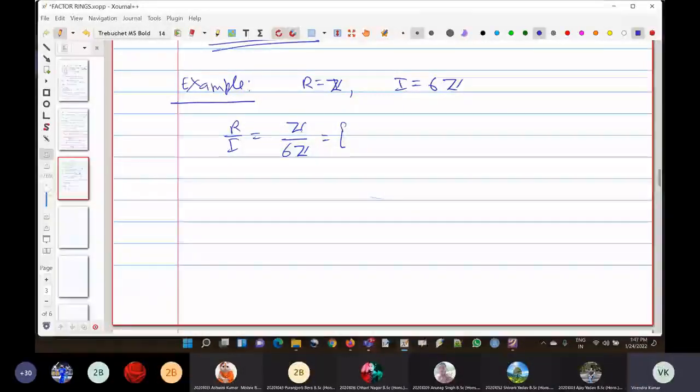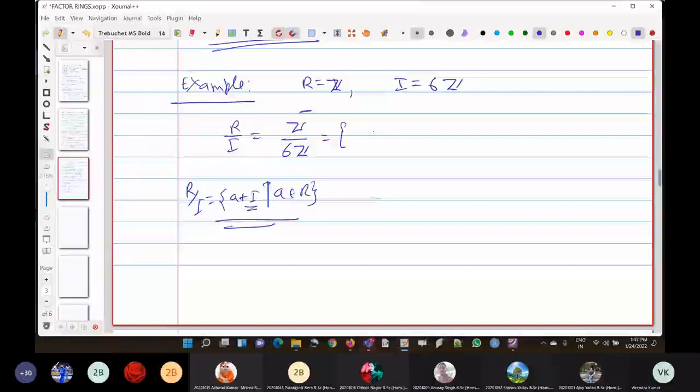You take elements from this Z. The elements in R by I are of the form A plus I, and A belongs to R. So we need to fix I here. In this case 6Z is there, then another coset is there, and like this it will go on. In the set of integers we have positive and negative numbers both.